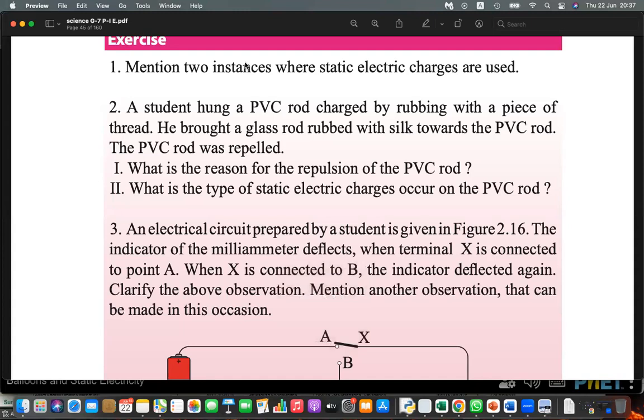When using printing devices. Sorry. In radios. When we take a picture, when we take a print of a picture.